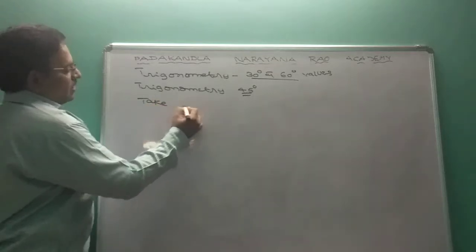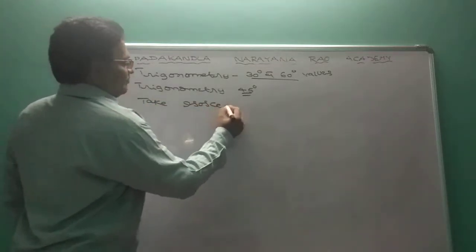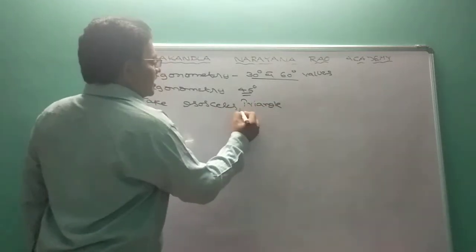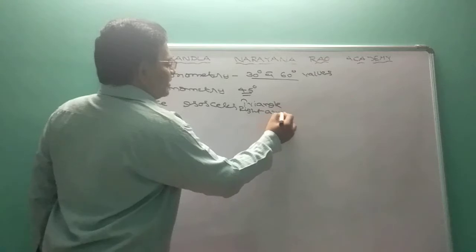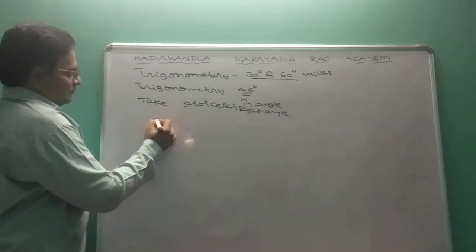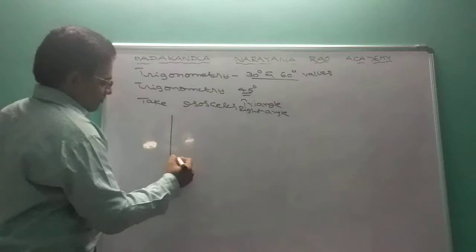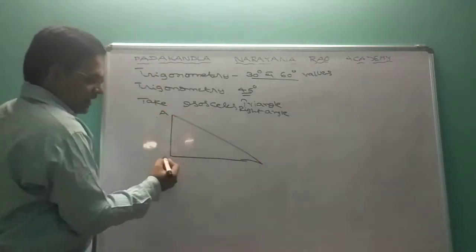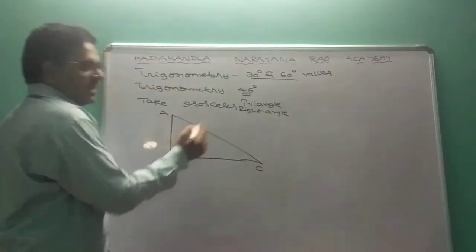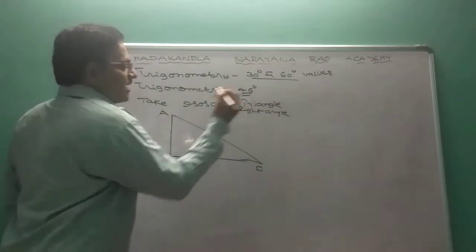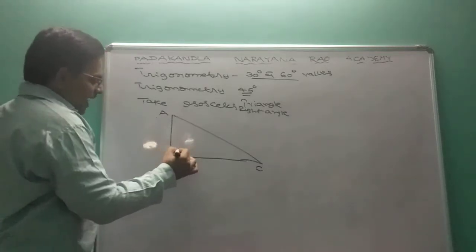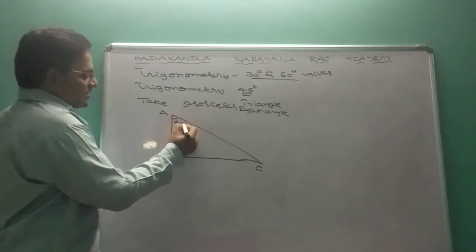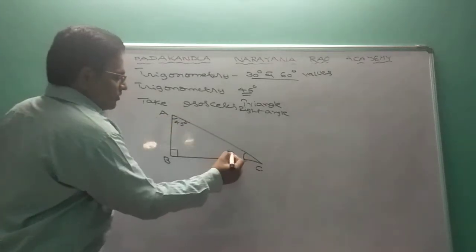For suppose, take an isosceles triangle. Of course, an isosceles right angle triangle. If you take ABC as an isosceles right angle triangle, that means angle B is 90°, angle A is 45° and angle C is also 45°.